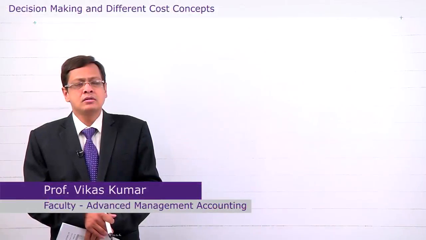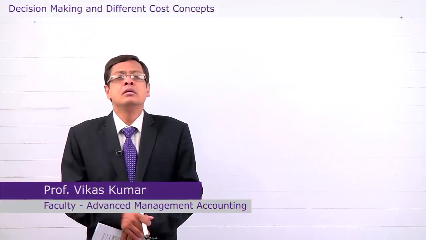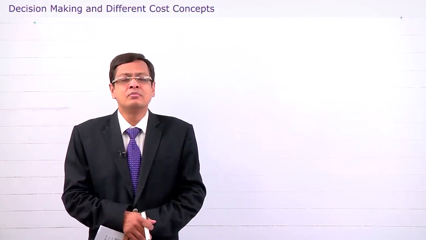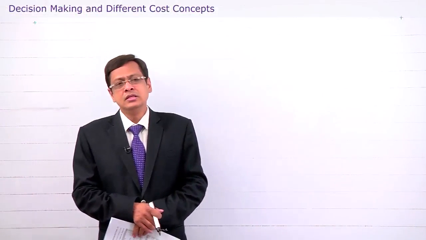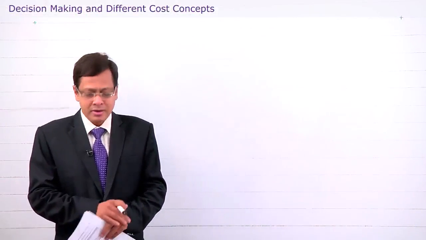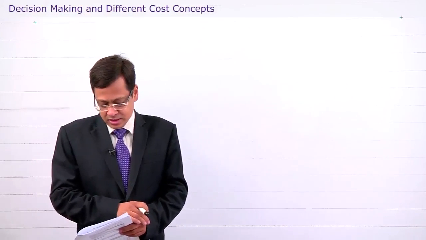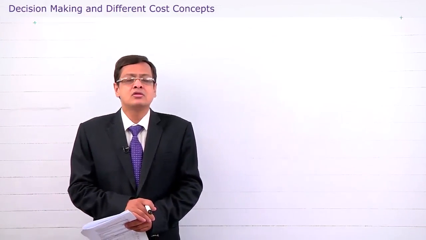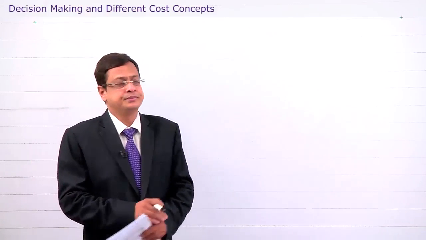I am going to start question number 27, which is decision making number 16. This decision making talks of preventive maintenance versus breakdown maintenance in case of a manufacturing operation.